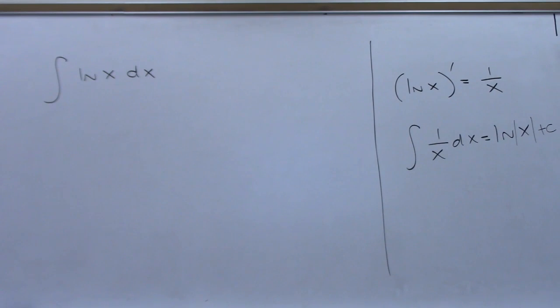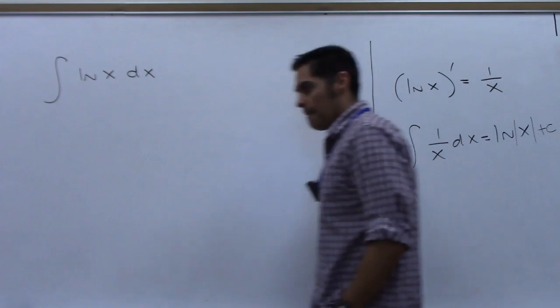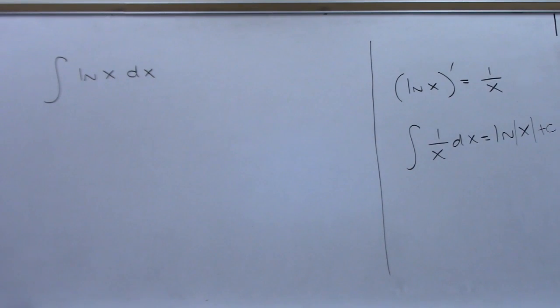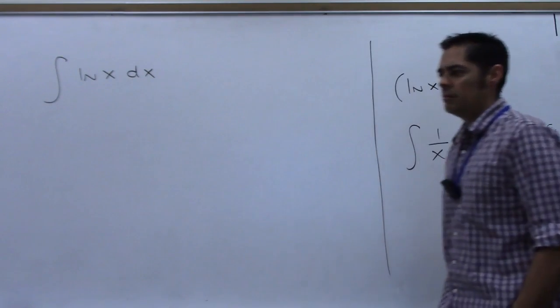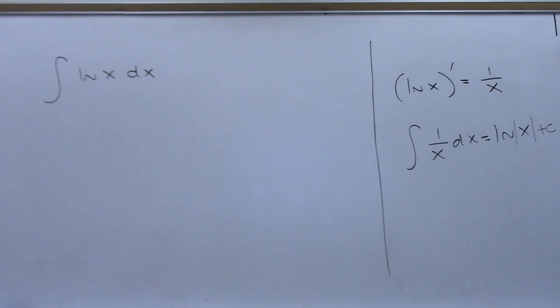You have a question? Plus C? Oh, yeah. You're asking me if that's correct? That's what we got. You check. When you get your answer, you take its derivative, you should get natural log x, right? Works? You do product rule there? Yep. Okay, good.